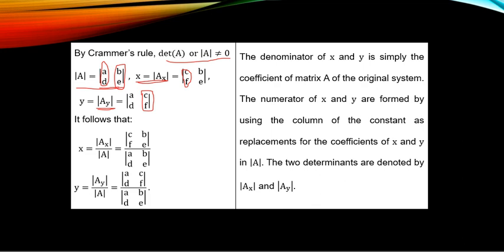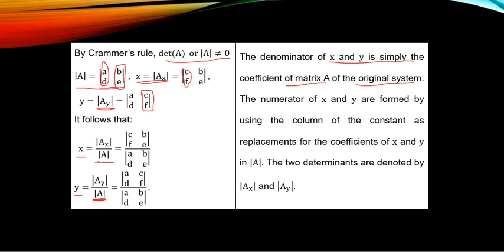After doing that, you can now solve for x. x is the determinant of A sub x over the determinant of the coefficient matrix. y is equal to the determinant of A sub y over the determinant of the coefficient matrix. From here you observe that the denominator of x and y is simply the determinant of A, the coefficient matrix of the original system.